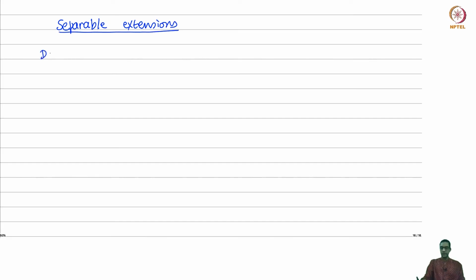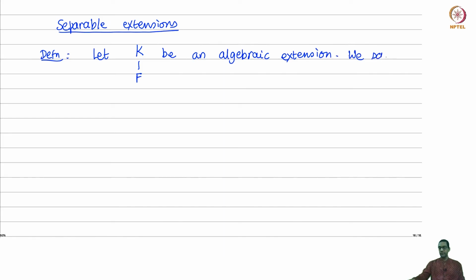Let K over F be an algebraic extension. We say that it is a separable extension. So we assume to begin with that it is algebraic. It's only for algebraic extensions that we will define this notion.